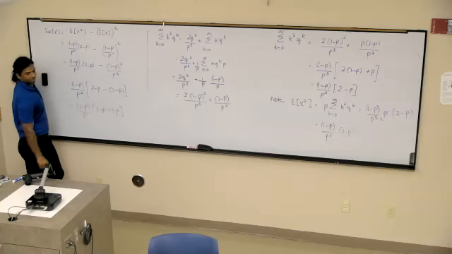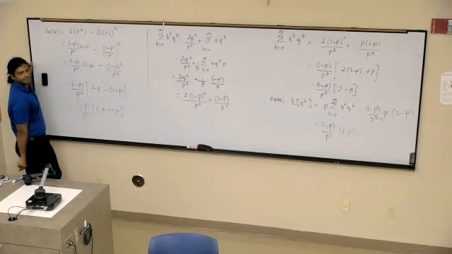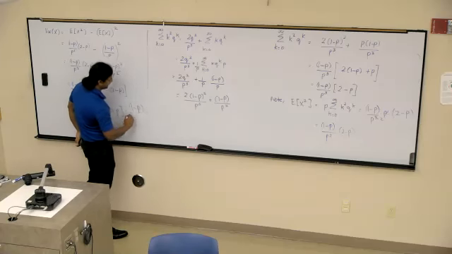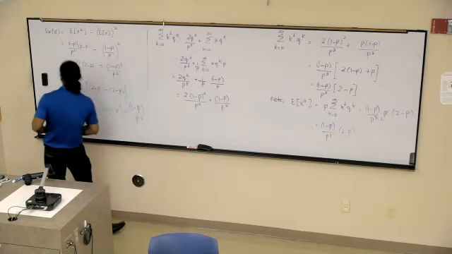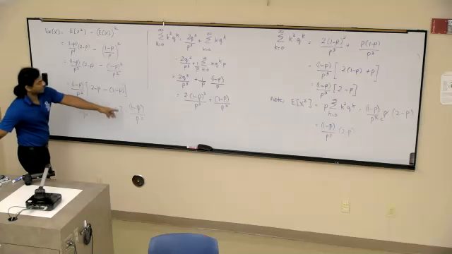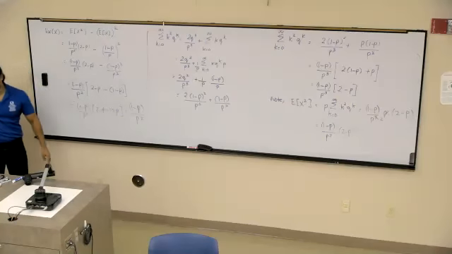The p's go away. 2 minus 1, 1. 1 times 1 minus p, so 1 minus p, divided by p squared. So the expectation of a geometric is 1 minus p over p. The variance of a geometric is 1 minus p over p squared.